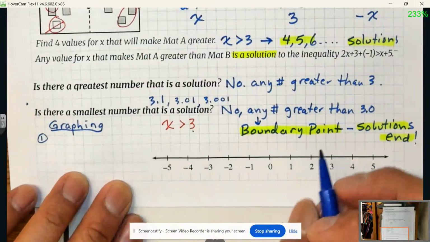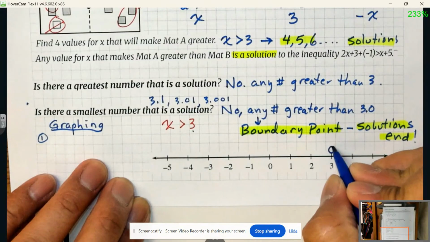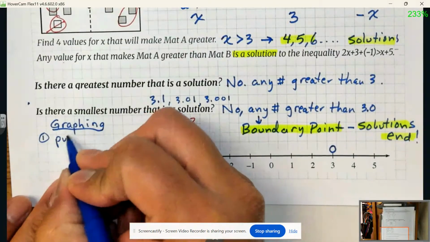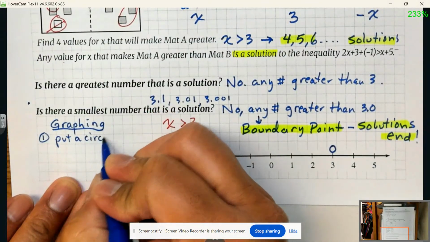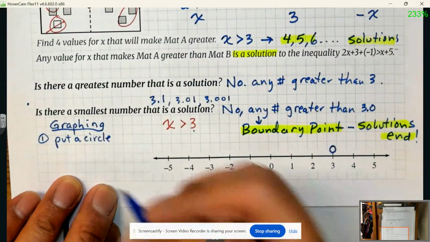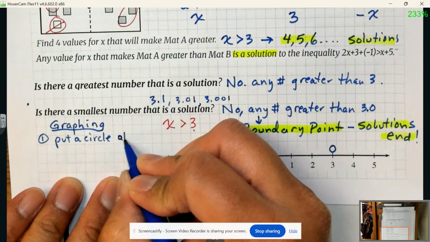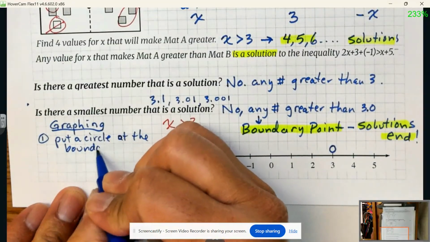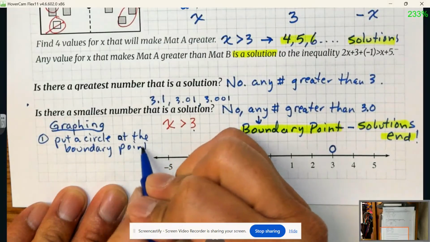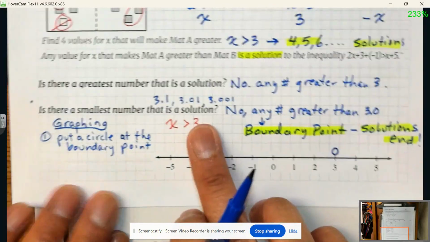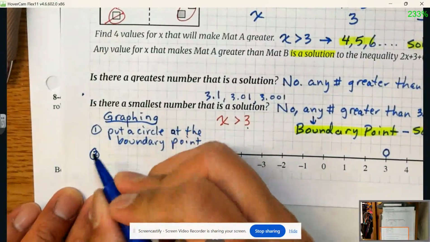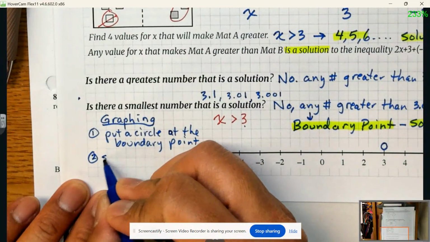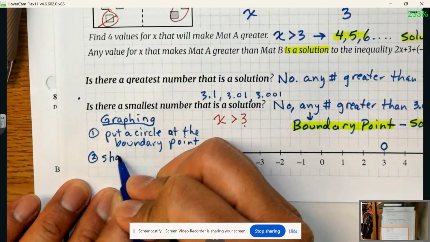So we're going to put a circle a little bit above the number line at 3. Okay? Put a circle on the boundary point. So there's the boundary point 3. Step 2. Now, if the boundary point is a solution, we are going to shade it in.